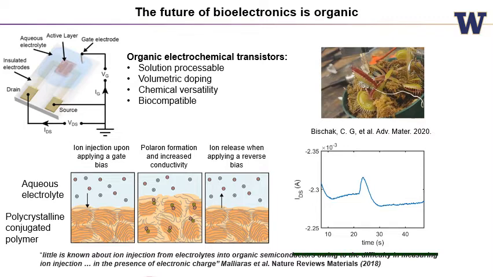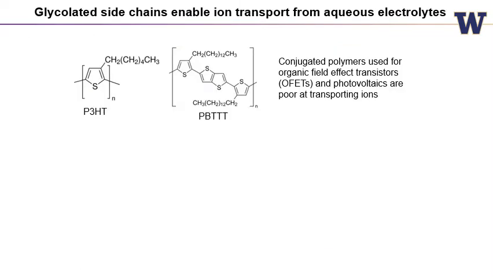This is really important to understand so we can develop new design rules for making new devices with enhanced properties. A major challenge in fabricating these devices is that polymers aren't typically designed to transport both ions and electrons.